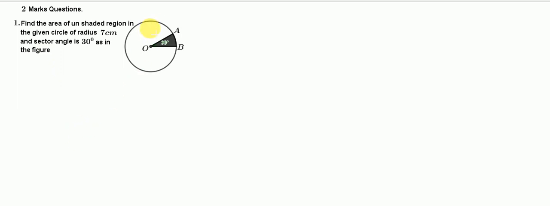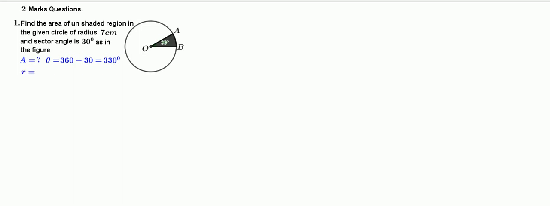Here the area of the unshaded sector is to be calculated, that is A, equal to question mark. The sector angle of the unshaded sector, that is theta, equals 360 minus 30, that is equal to 330 degree.